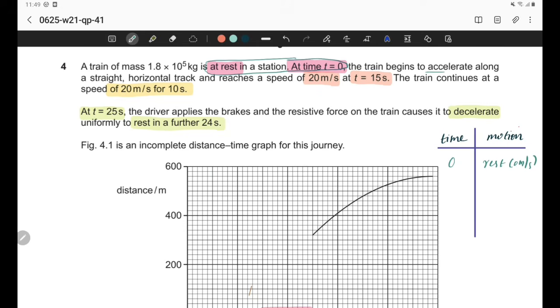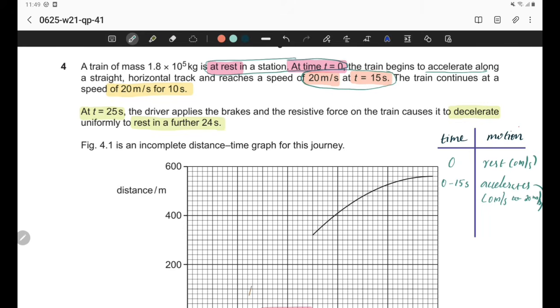Then the train begins to accelerate along a straight horizontal track and reaches a speed of 20 meter per second in 15 seconds. That means from 0 to the 15th second, the train accelerates, and finally it reaches a speed from 0 meter per second to 20 meter per second. So at the end of the 15th second, the speed of the train is 20 meter per second.